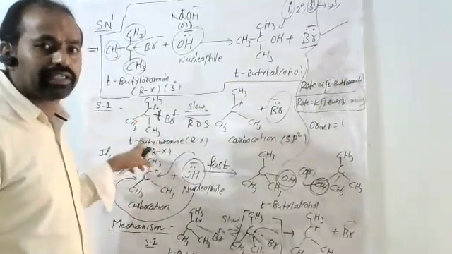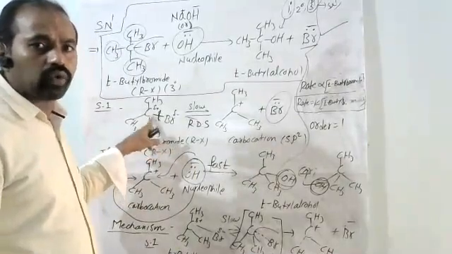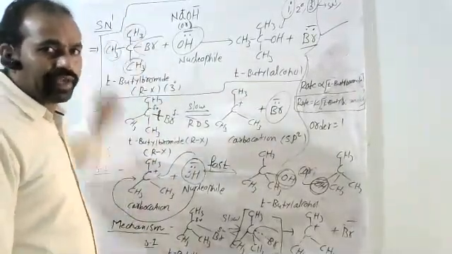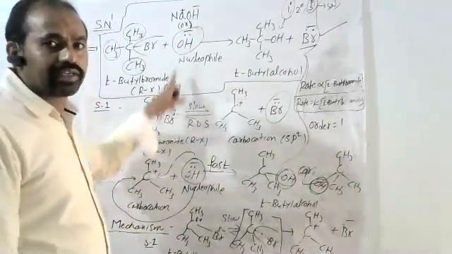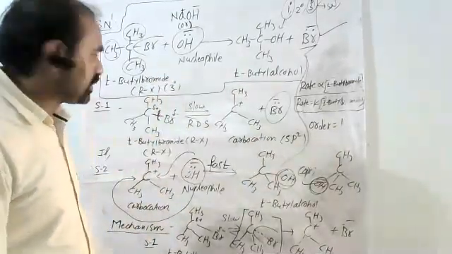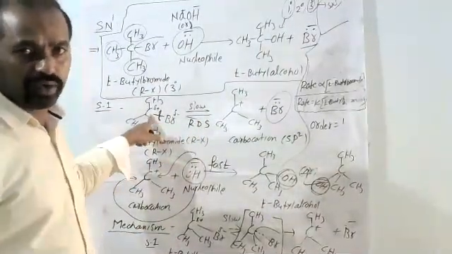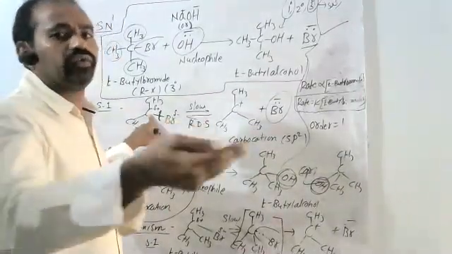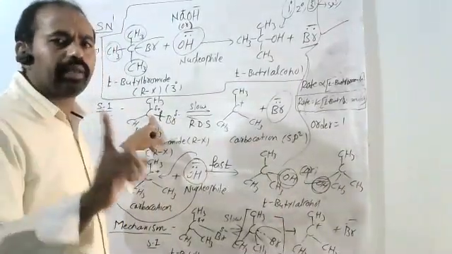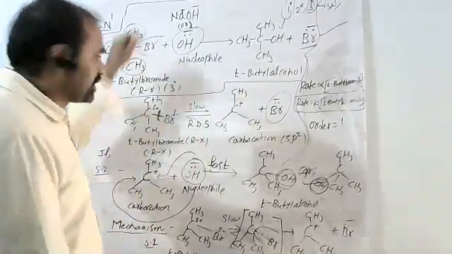That is nothing but tertiary butyl bromide concentration. For the SN1 reaction, the rate is independent of the concentration of nucleophile, because in the rate determining step the nucleophile is not involved. Because of that reason, it does not depend on nucleophile concentration. It only depends on alkyl halide concentration, that is for SN1.